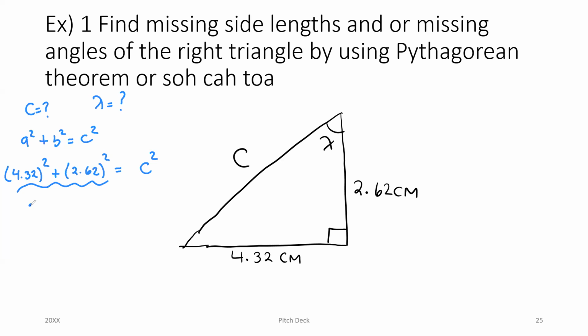That is going to be 25.5268 equals c squared. Okay, and then solve for small c by taking the square root of both sides.